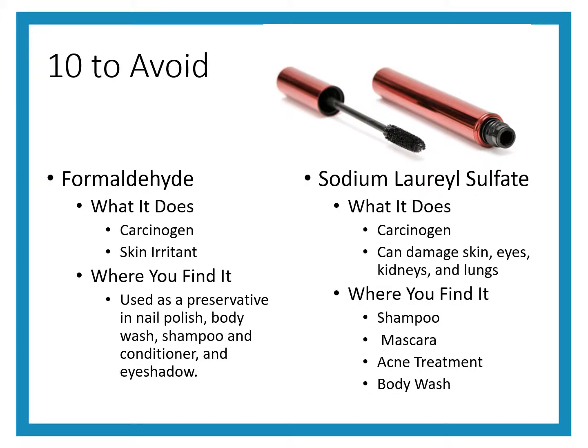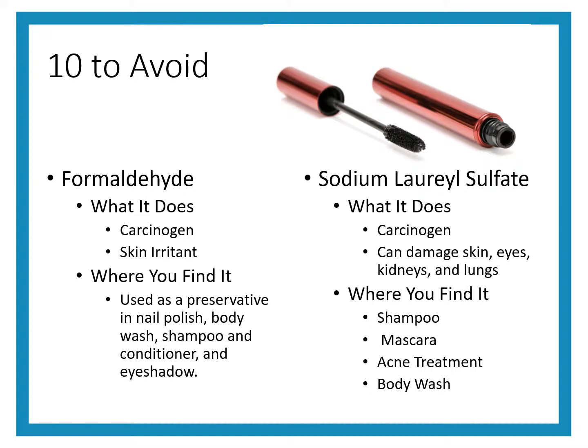The next one, sodium lauryl sulfate. This is in the sulfate family. Sulfates can be carcinogens, and they also damage the skin, eyes, kidneys, lungs. They can do quite a bit of damage in some people. They are found in shampoo. Sometimes they're found in mascara. They're found in acne treatments and body washes.